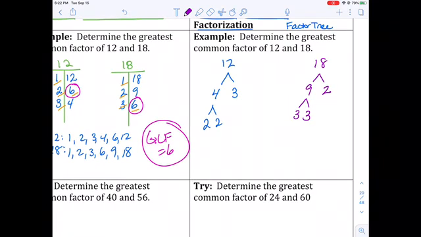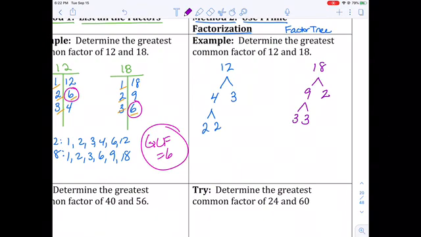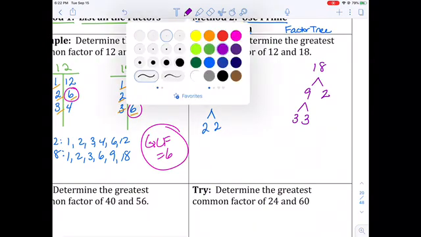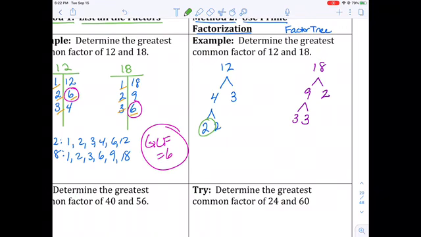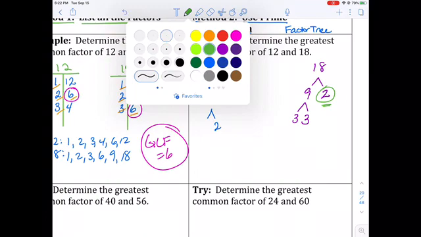Now I want to look at what is common in my factor tree. The common factors: there's a 2 and a 2. Note I can only circle one 2 over here with the 12 because there's only a single 2 with the 18. Whoops, I didn't mean to erase all that.